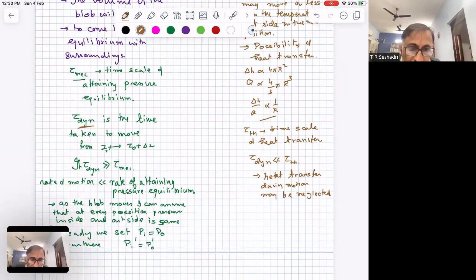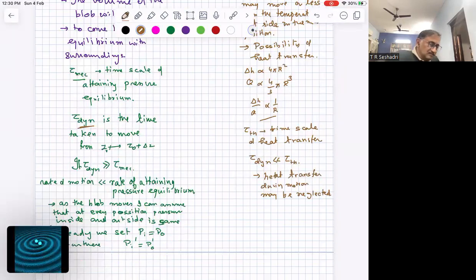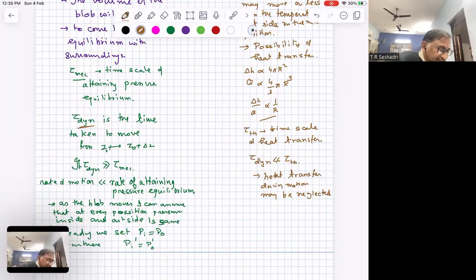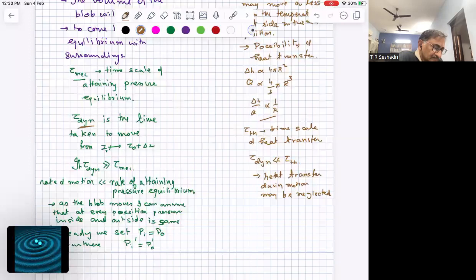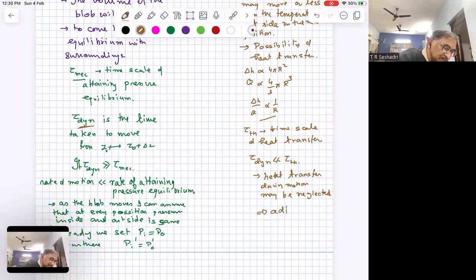Is that okay? Now, if heat transfer is neglected, then what kind of thermodynamic process is it? Adiabatic. So it is an adiabatic process. Once it is adiabatic, I know the relationship between pressure and density of the interior of the blob.